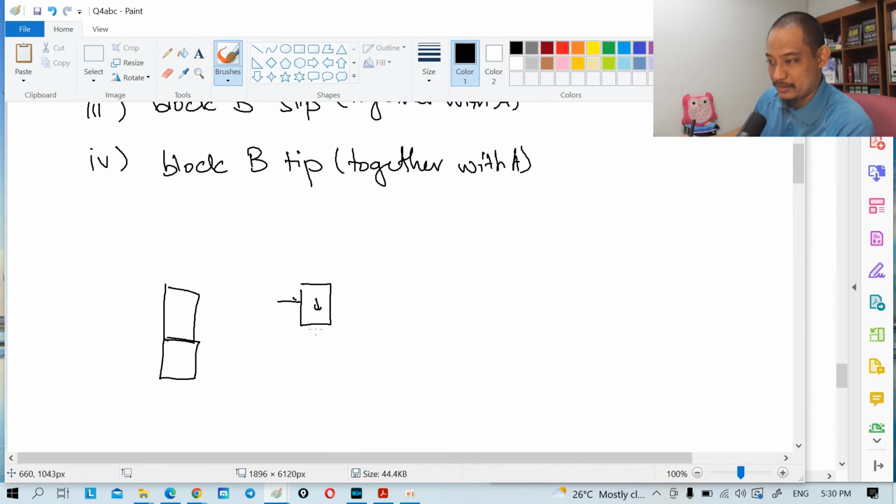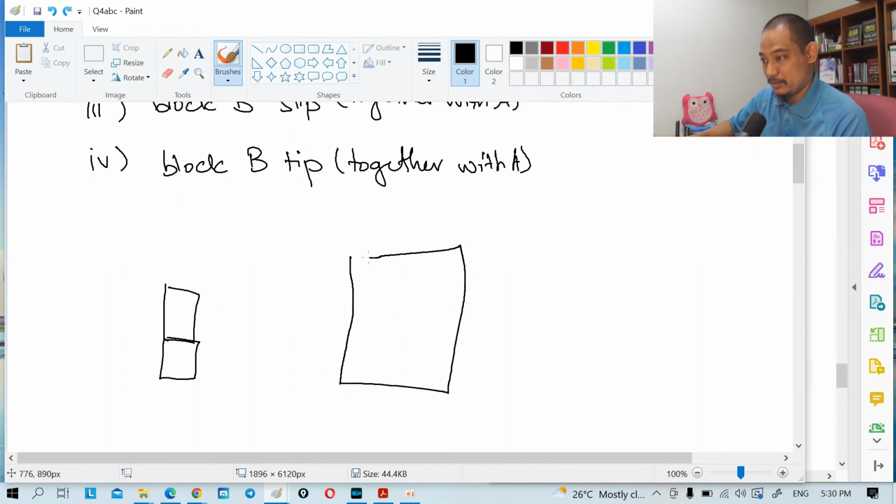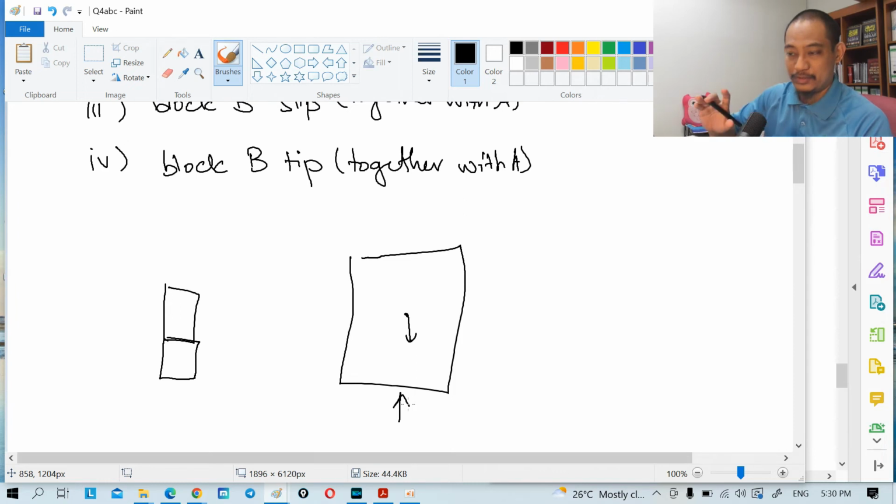Because normally there's just that. Okay, let's make it bigger. So for one block, under normal circumstances, it will have just the weight and the normal reaction counter it, so it's static. When you apply a certain force, then the friction will counter, so that it will be static.